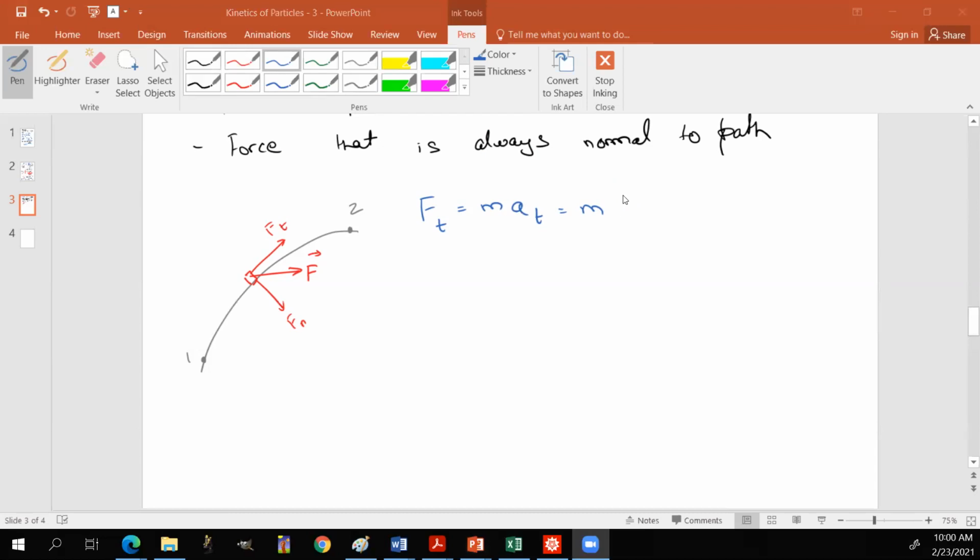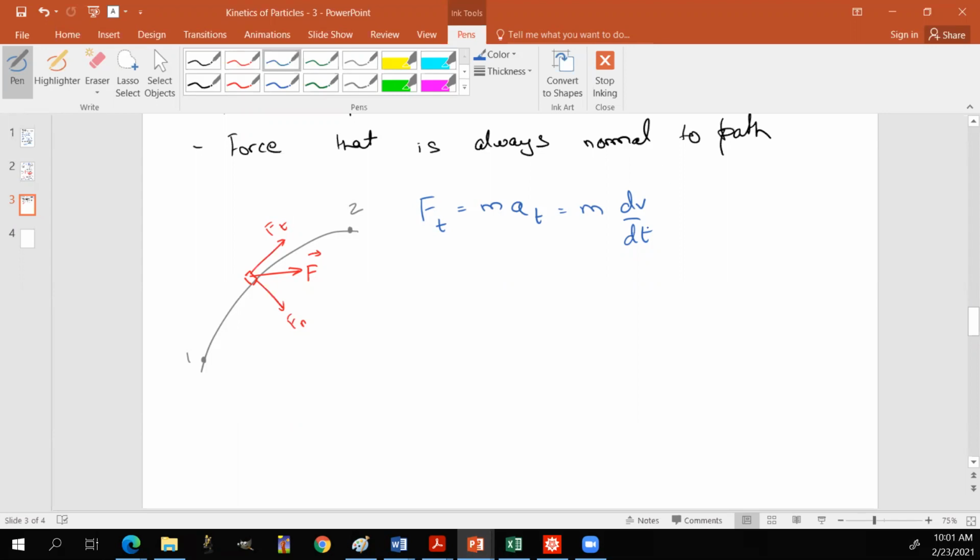That's right. So it's just going to be dv over dt, right? And then what's the acceleration in the normal direction? V squared over R, or V squared over rho, right? So that's your radius of curvature. Absolutely right. Okay, so this is equal to that.